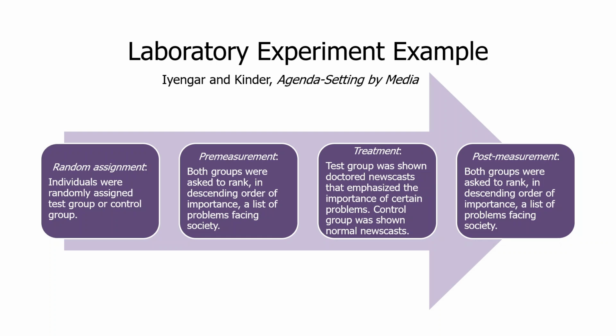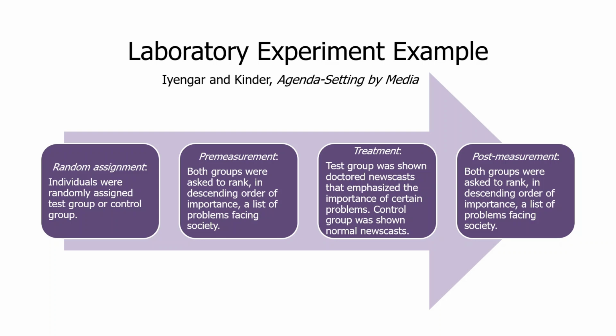Individuals were randomly assigned in the Iyengar and Kinder experiment to a test group and control group. Both groups were asked to rank in descending order of importance a list of problems facing society. Problems such as defense preparedness, inflation, illegal drugs, the environment, and so on. And of course, what Iyengar and Kinder found was that both groups, since they were random clones of each other, had identical lists of priorities.